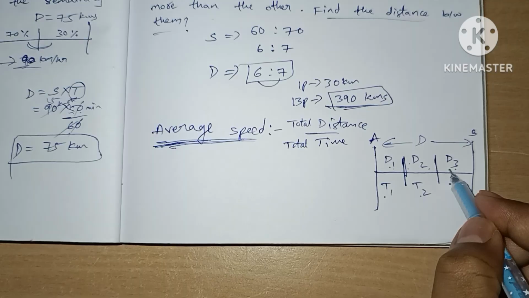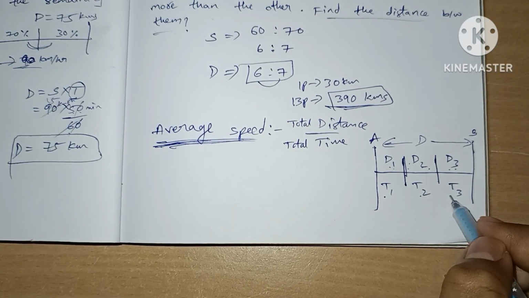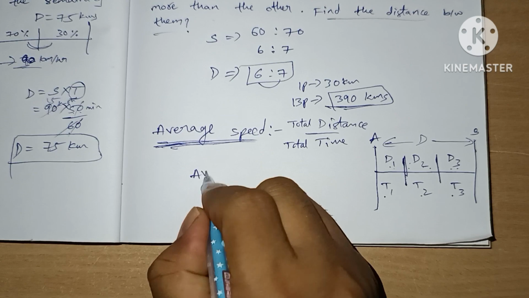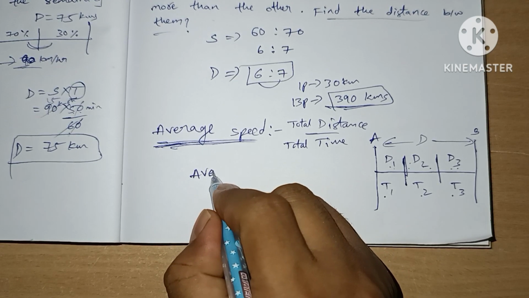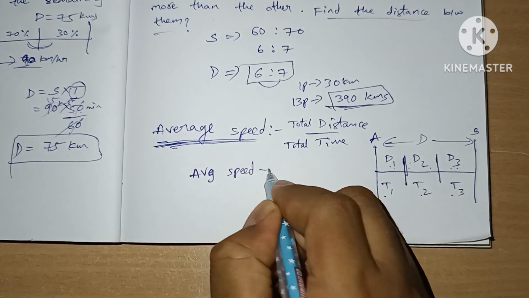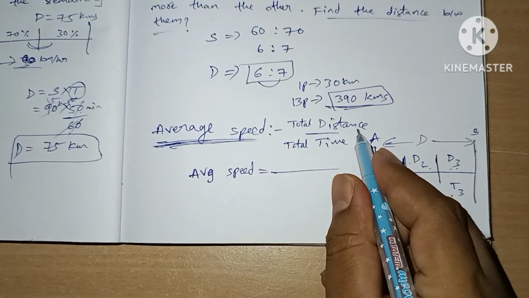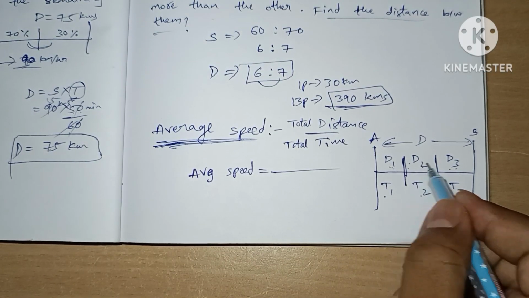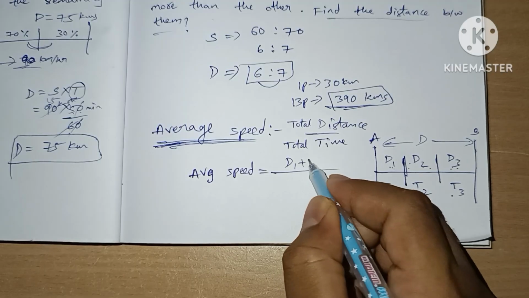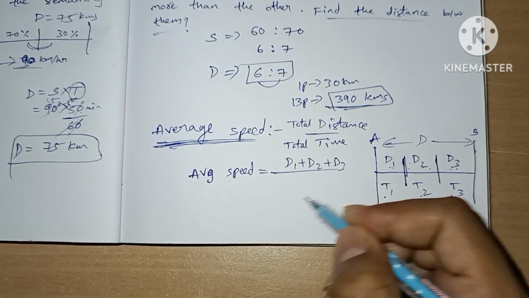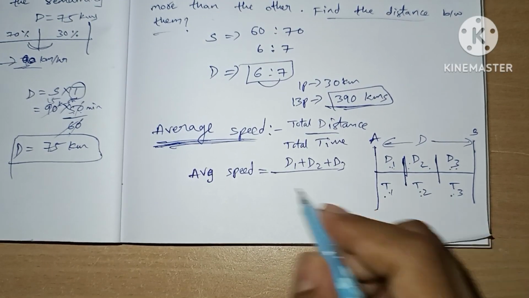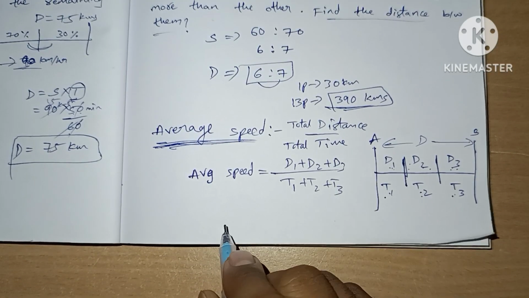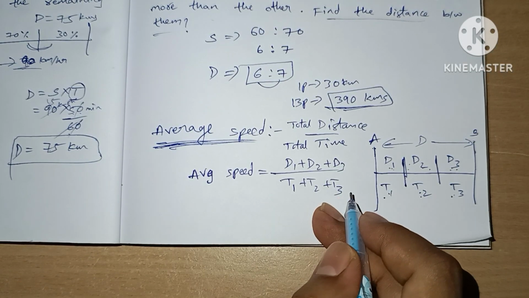To cover D3 distance, some T3 time is taken. Then asked for average speed, the formula will be total distance by total time. So total distance means D1 plus D2 plus D3. Total time means T1 plus T2 plus T3. Okay, this is one type of formula.